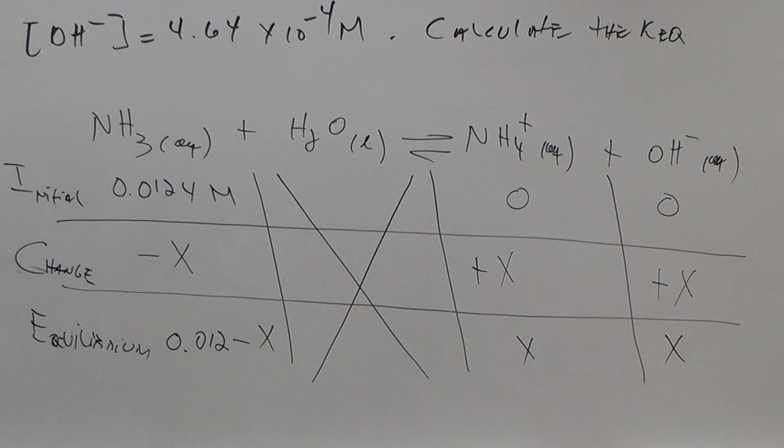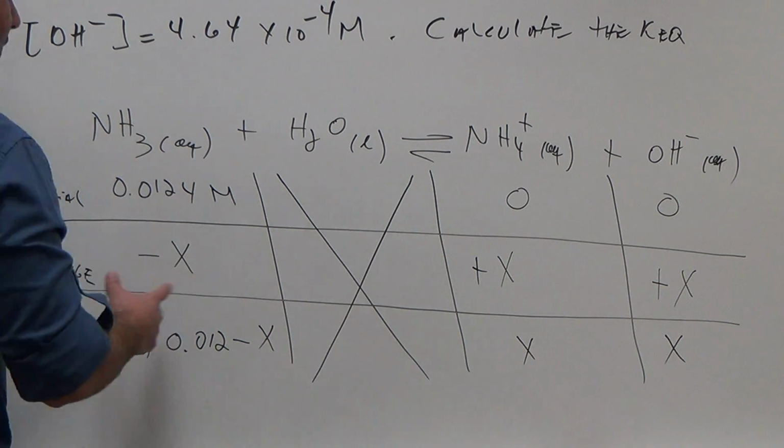Do not find a shorter way. Do not find an easier way. This is the only way. We're not going to put the concentration under hydroxide instead of just the x there. No, because this is building the ice chart. That is the way you build it. That's it. It's done. Yes?